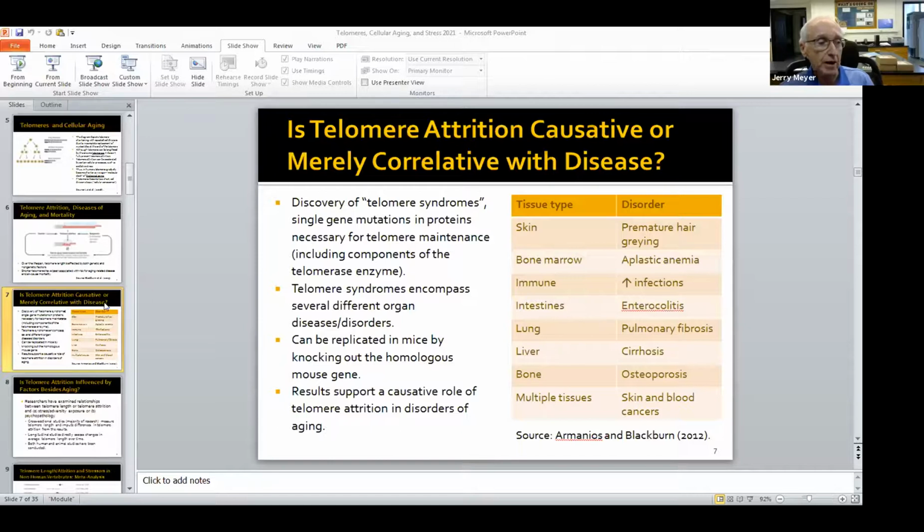They're rare, but they can occur in different organs and be associated with different disorders. And you can study this experimentally in mice by knocking out the homologous mouse gene. As you can see here, the results do support a causative role. So telomere syndrome in skin cells, one outcome could be premature graying of the hair; in bone marrow, leading to aplastic anemia, and so on and so forth, even including skin and blood cancers.